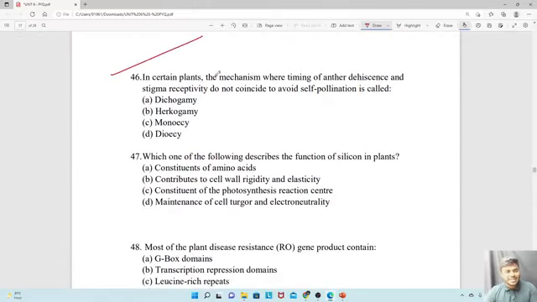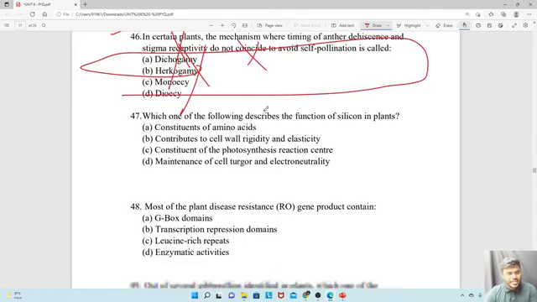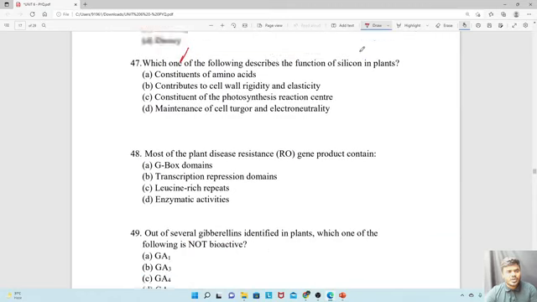Next. Okay, this question is actually not a plant physiology question. I kept it here. Leave that 46 question. Go for 47.